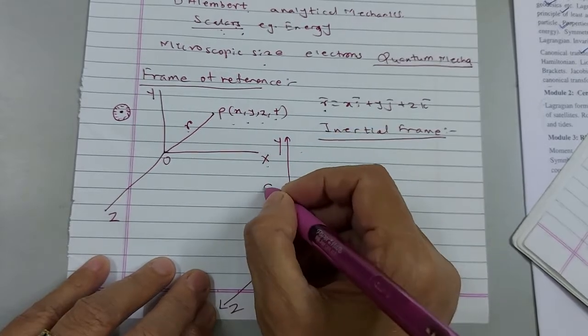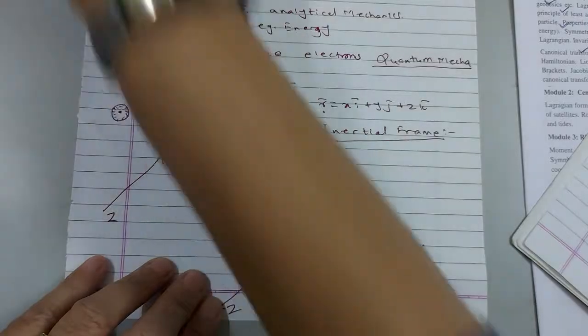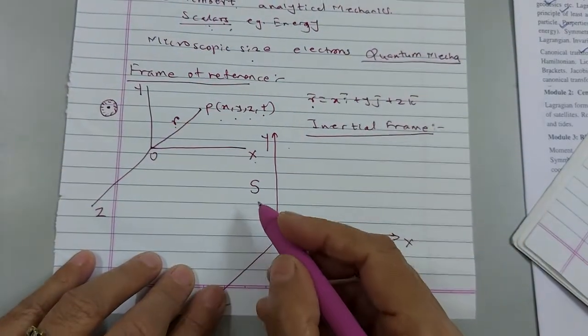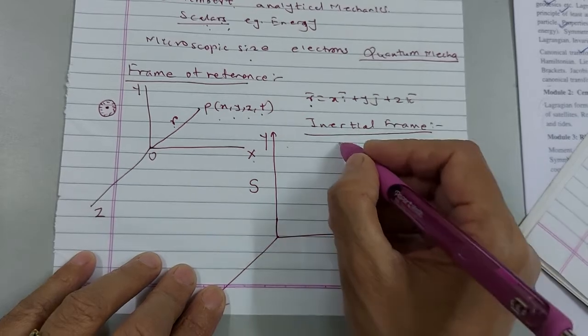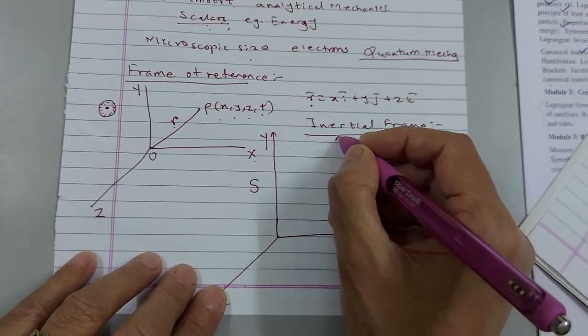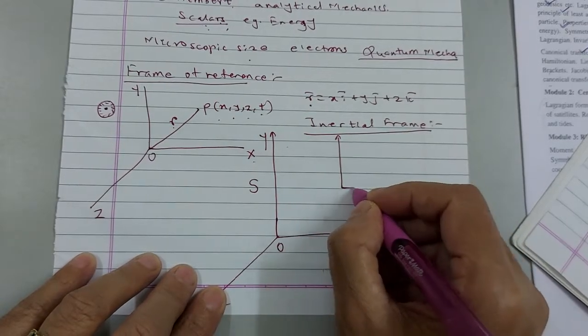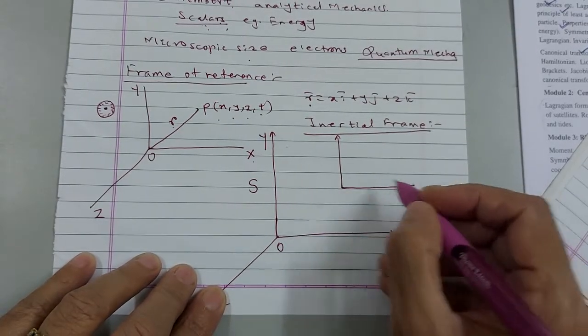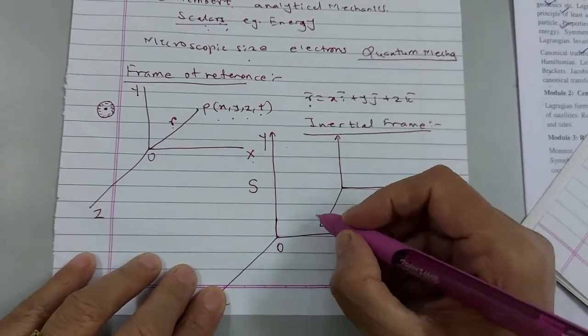This is my frame S, suppose I say. I want to define an inertial frame. So this is S. Now I take a point O dash somewhere over here. This is O, obviously. This is now x dash, z dash, and I join O to O dash.